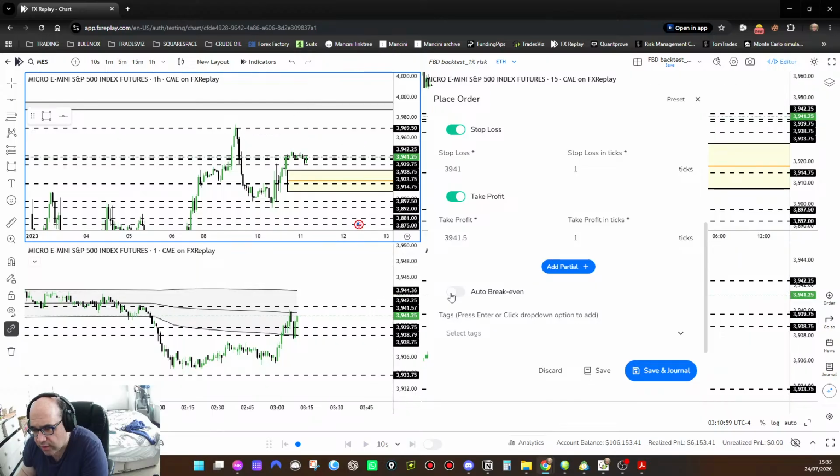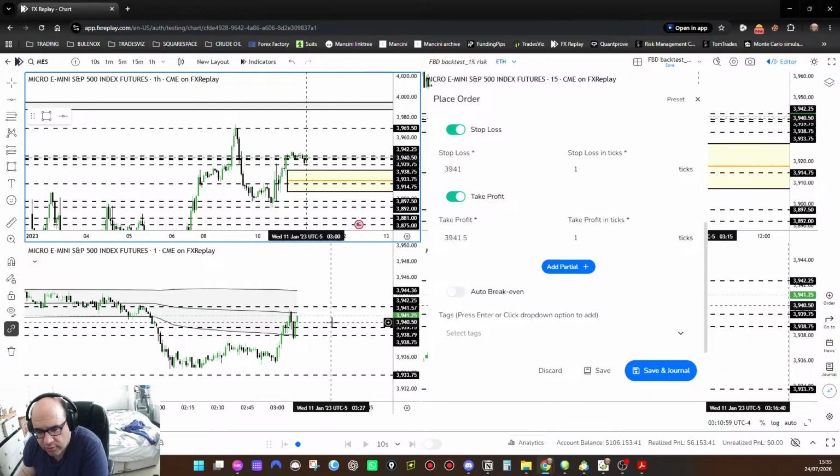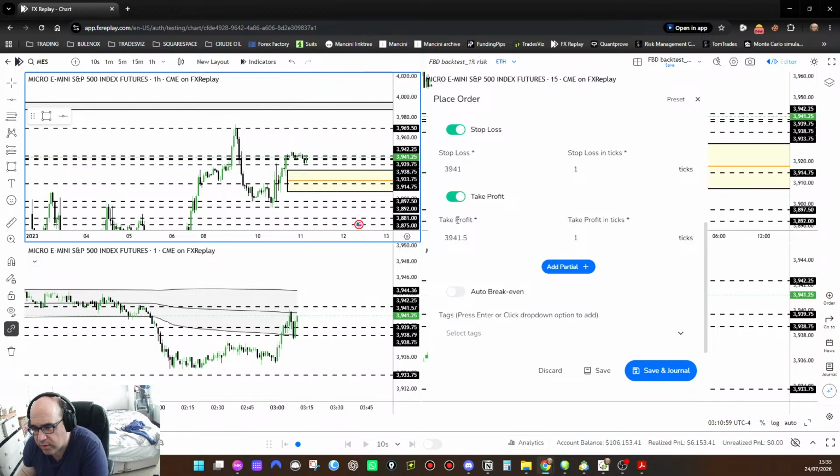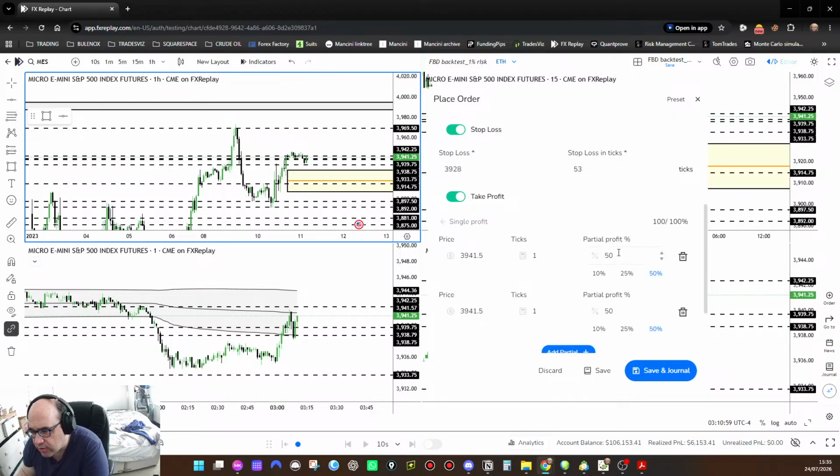So we have a stop loss, right? This is 39.34, so it's 39.28. Take profit. So we're gonna take partials.